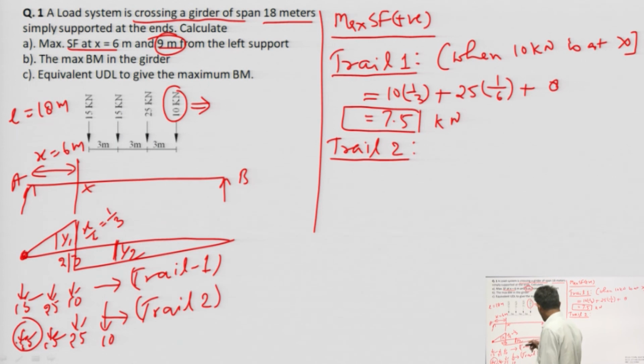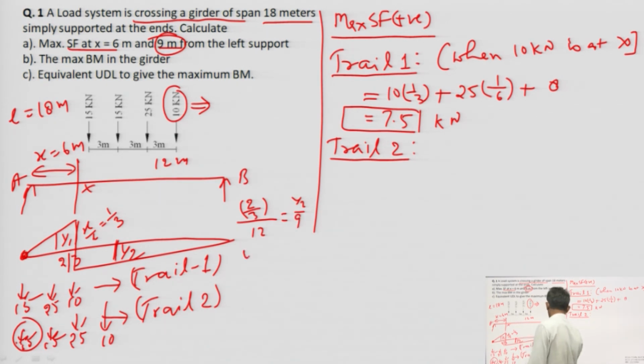So, let us calculate the value of y2. The y2 value will be calculated by geometry, that is 2 by 3 divided by the length. The total length is 12 meter. So, 2 by 3 divided by 12 is equal to y2 divided by this distance of 9 meter.